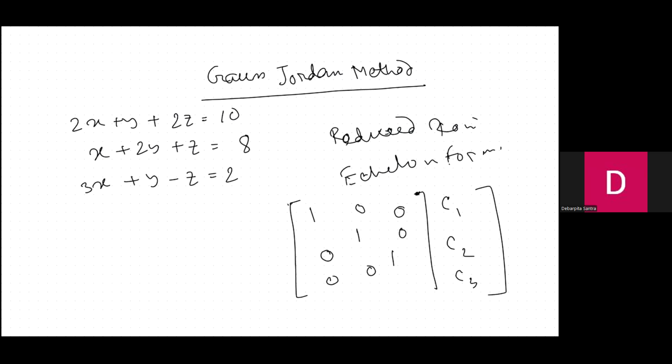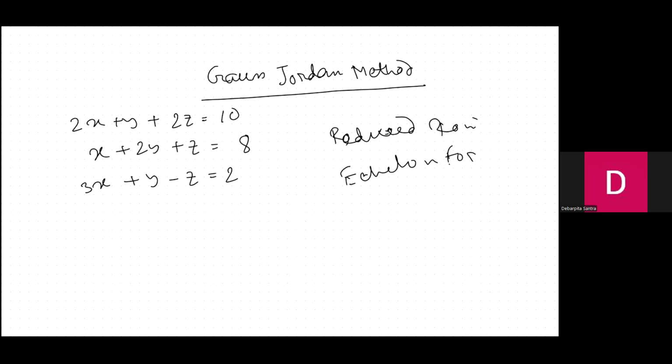So what do we do first? We first find the augmented matrix of this system of linear equations, which is given like this: 2x plus y plus 2z is equal to 10, that is equation number 1; x plus 2y plus z is equal to 8; 3x plus y minus z is equal to 2.